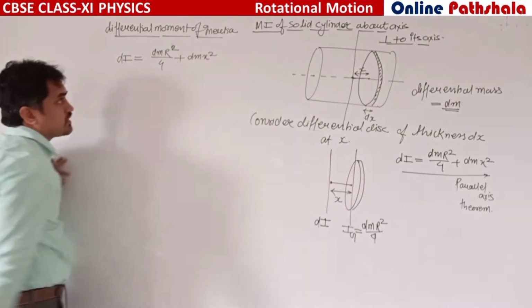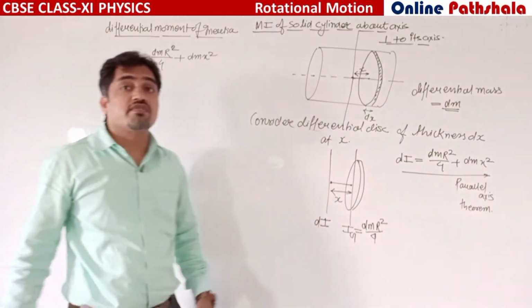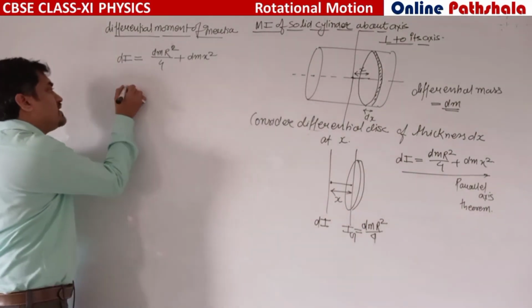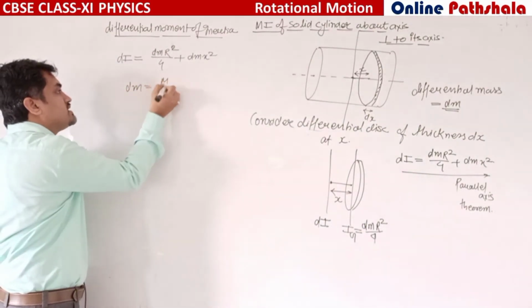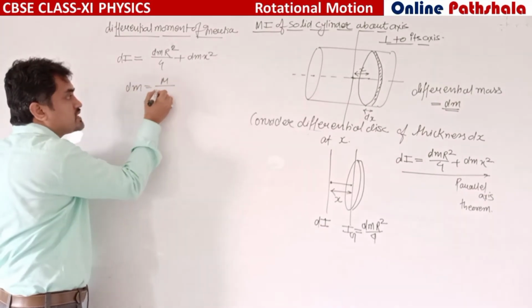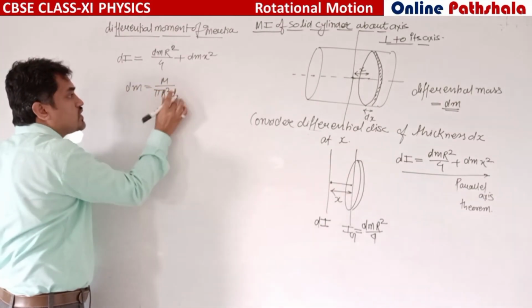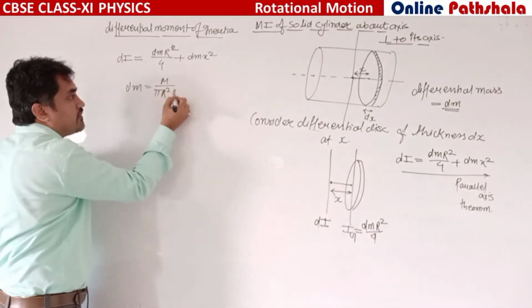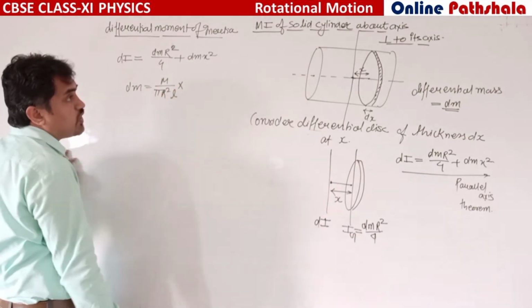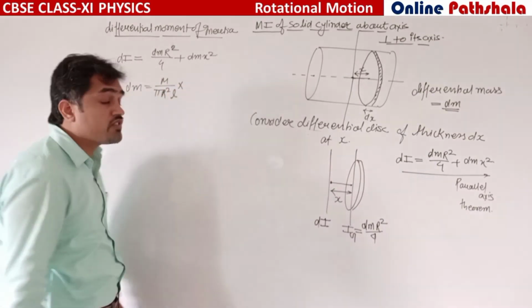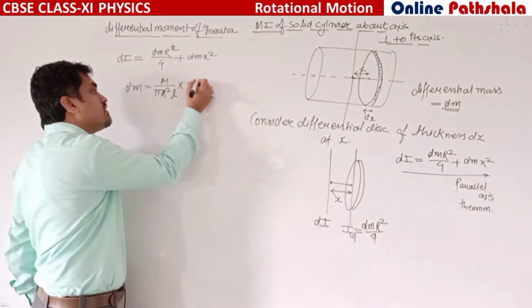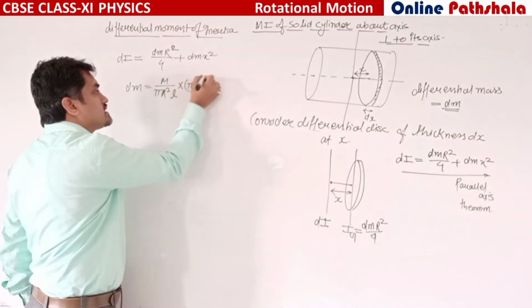Now what is the differential mass? How can we find it? The differential mass is the total mass divided by the total volume, which is pi r square into length L, into the differential volume of the disk. What is the differential volume of the disk? Its area pi r square into its thickness dx.